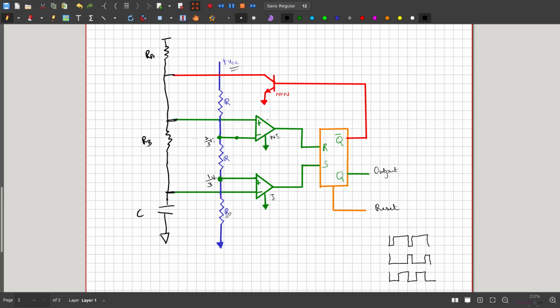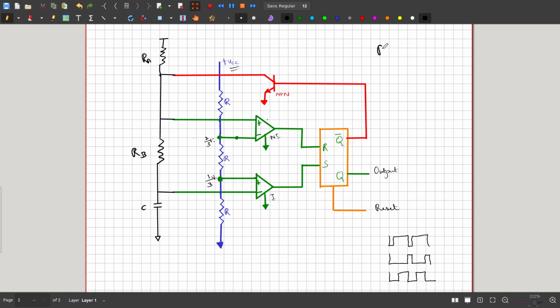Let me redraw it neatly. So this is the circuit. Usually RA is very much less than RB. The typical values are RA is usually 1K, whereas RB is about 100K.